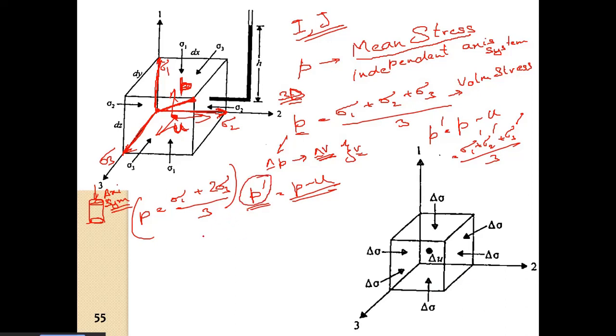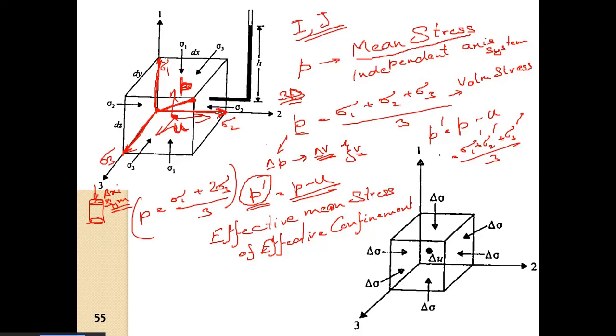This term is called effective mean stress, or we can also say effective confinement in terms of triaxial test. So this is the mean stress.